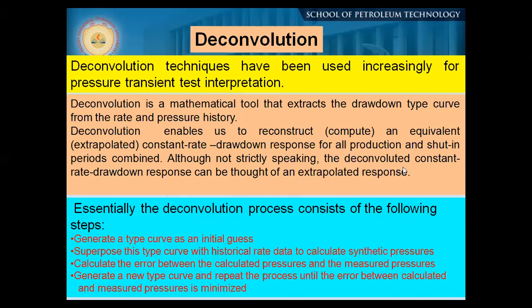So what are the deconvolution steps we follow? Generate a type curve as an initial guess. So we may have to start with an initial guess of our specific values. Superpose this type curve with historical rate data to calculate synthetic pressure. So we try to calculate the pressure for all tests performed in the specific well.